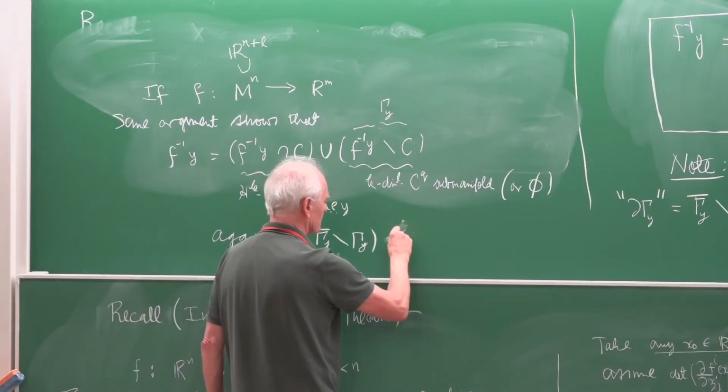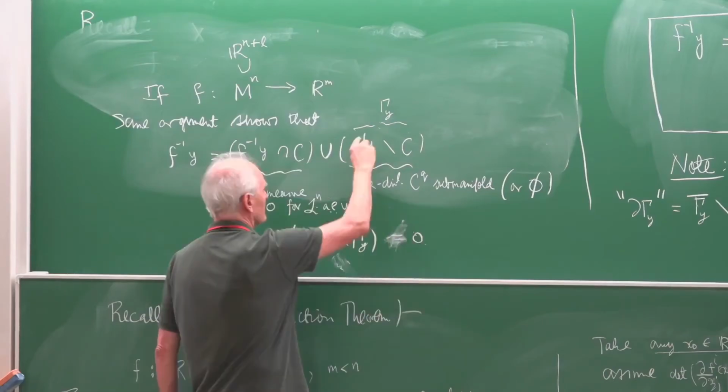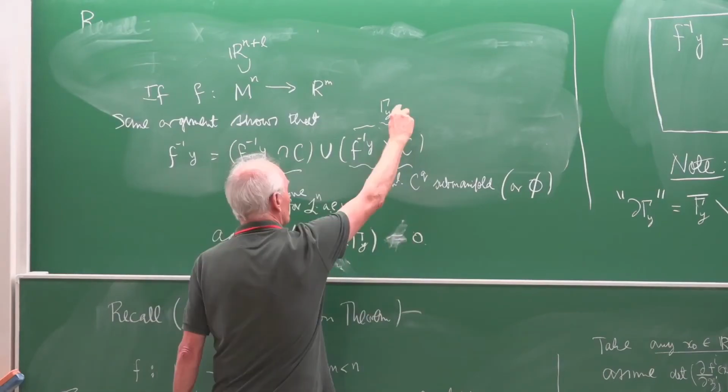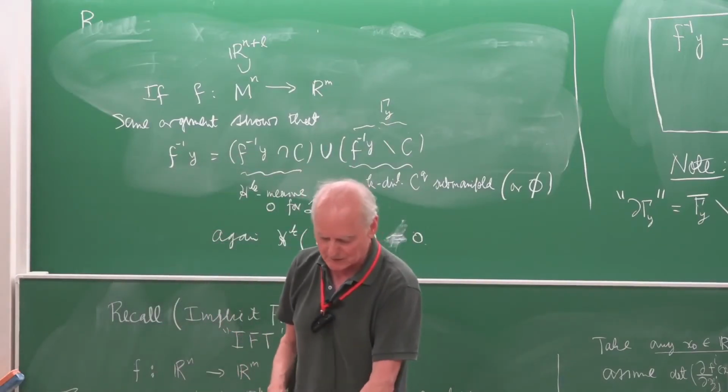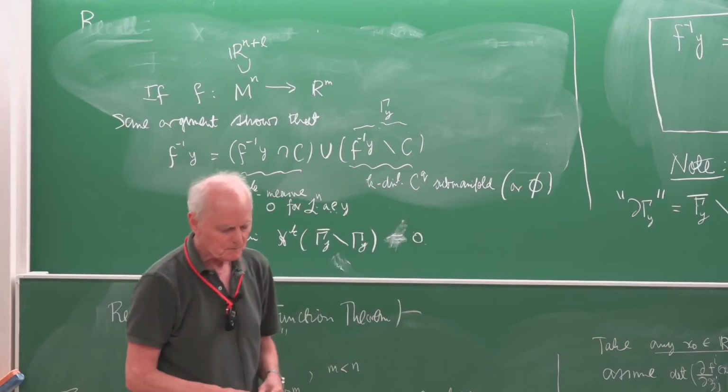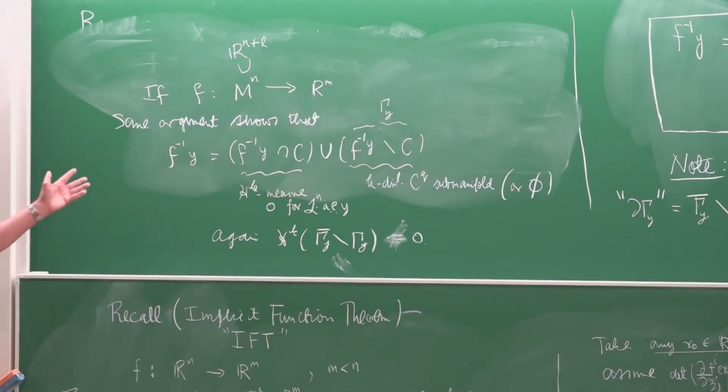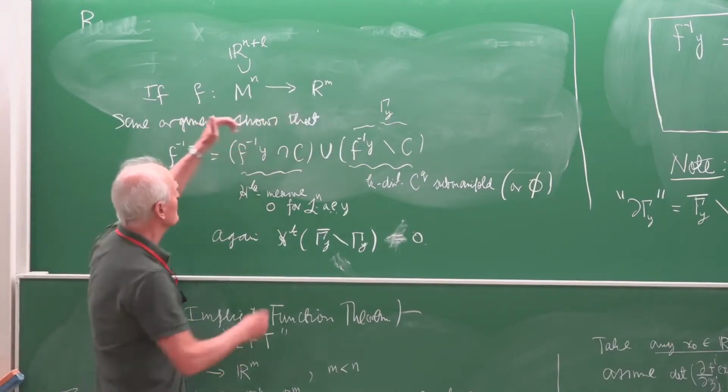The closure minus gamma y is contained in this, because the closure is just the points where you get rank less than M. So that's a very nice picture that works generally, even when you've got a mapping from a manifold into R^m, a C^q map.